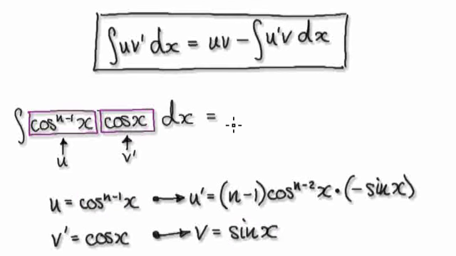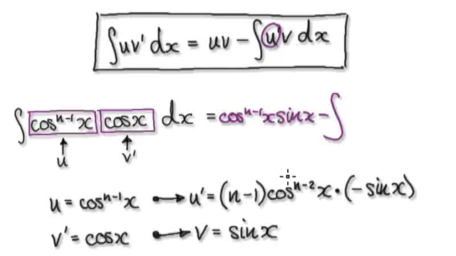So that would be cos n minus 1 of x, and then times v, so that will be sine of x, and then you've got your minus here, minus the integral of u prime.